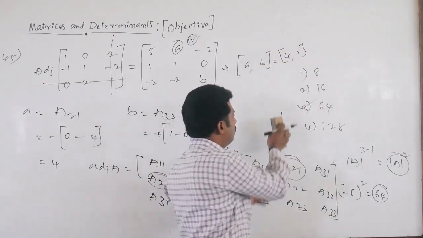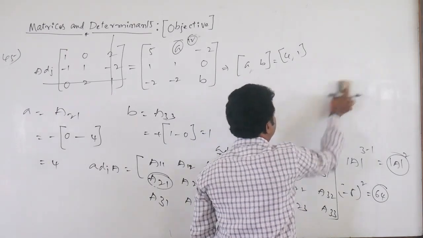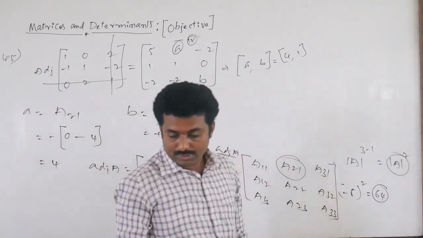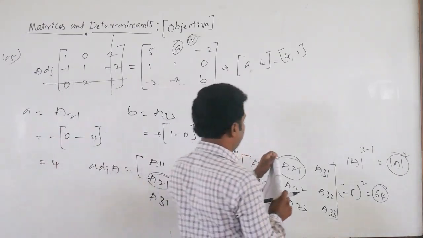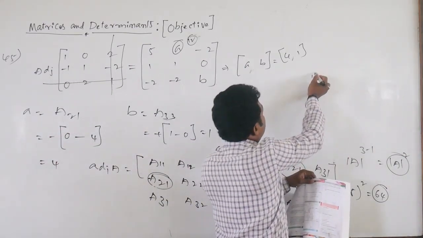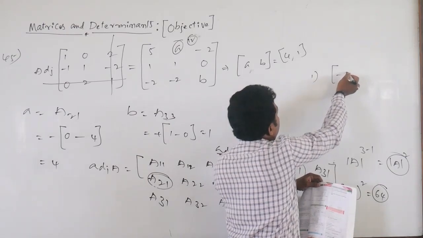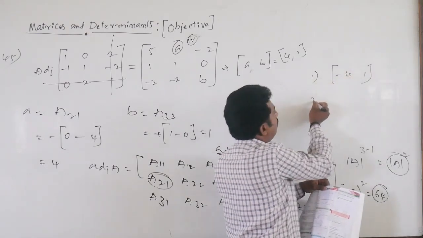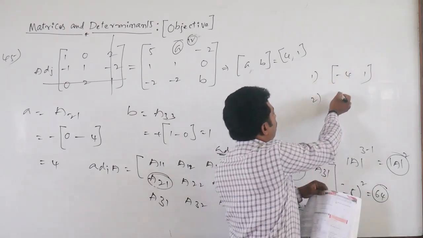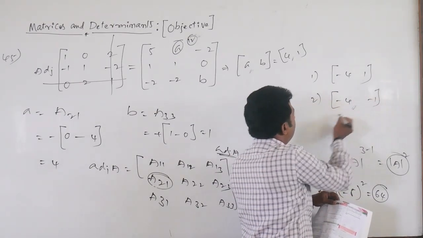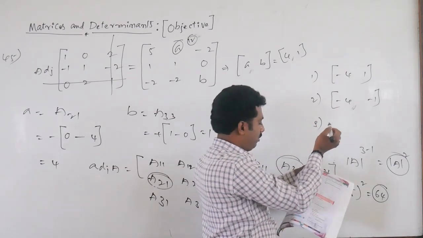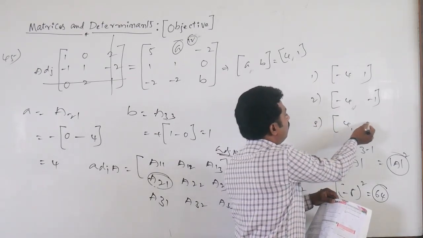Now let's see how the options are written. First option: minus 4 comma 1. Second option: minus 4 comma minus 1. Third option: 4 comma 1.